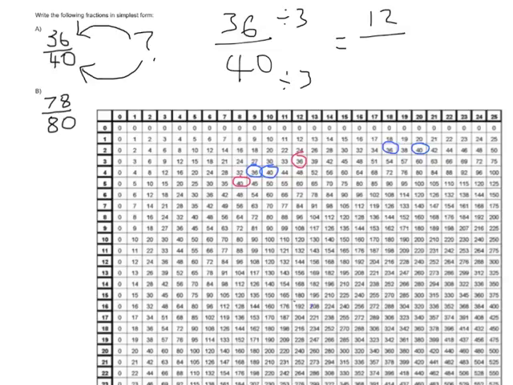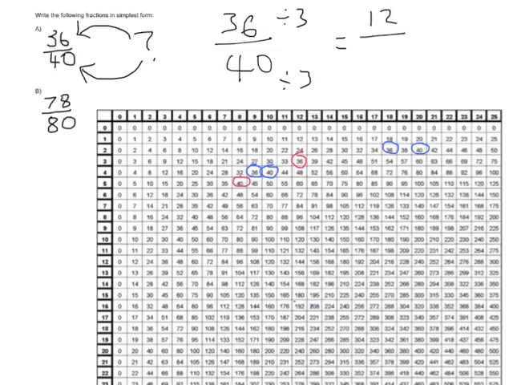If you try that on your calculator, you'll get a decimal. And we don't want a decimal, we want a whole number, right? So that tells us that we need to make sure that the numerator and the denominator are in the same row or the same column. So we know that 3 doesn't work.